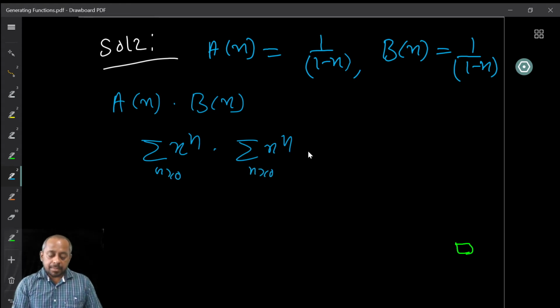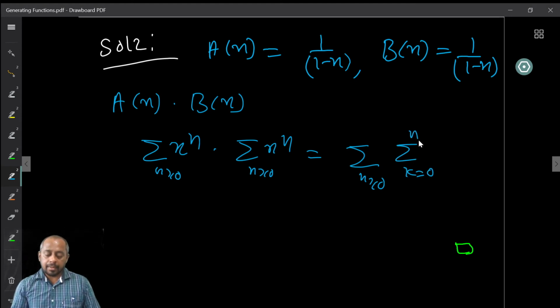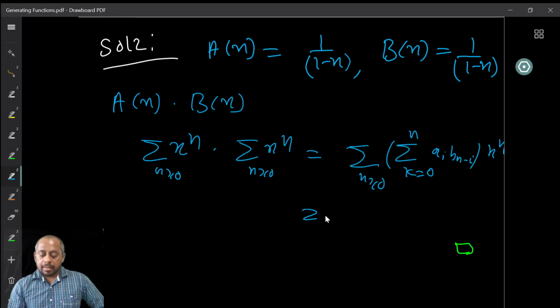So what is this? By definition, this is the summation over n greater than or equal to 0, of the summation over k equal to 0 to n, of a_i into b_(n minus i). But what is this? a_i is 1 and b is 1, for every i both are 1, because the series has all the coefficients equal to 1.